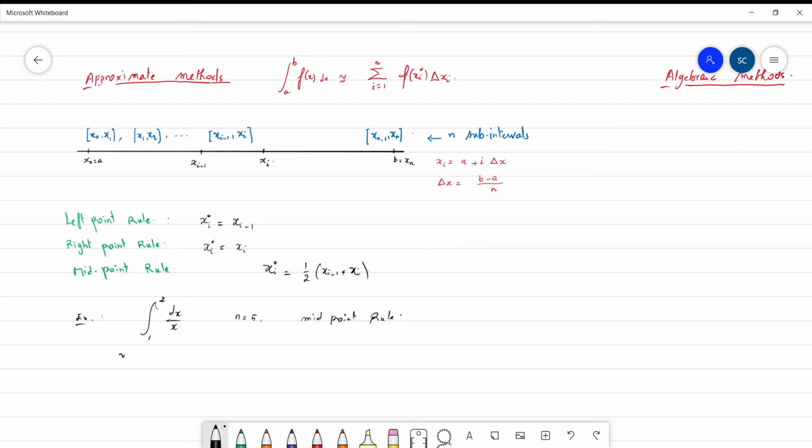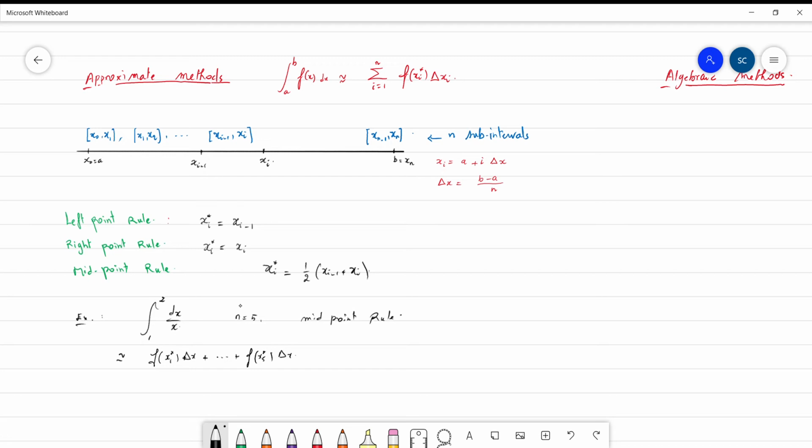So it will be approached by f at x1 star times delta x plus etc. plus f at x5 star times delta x.